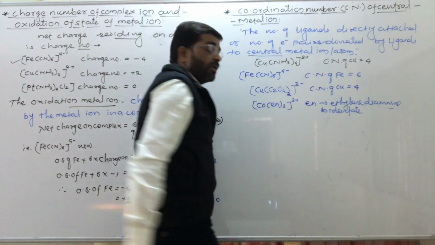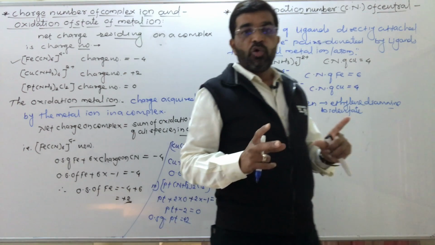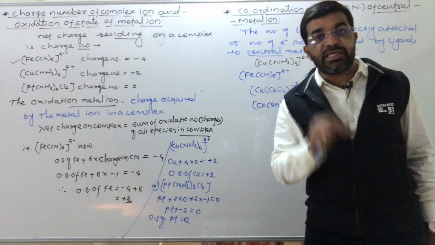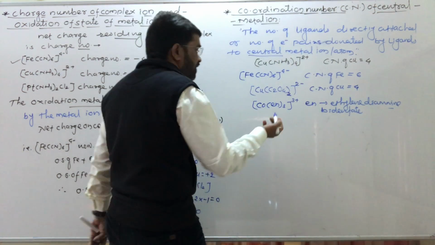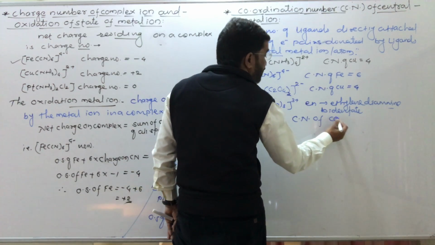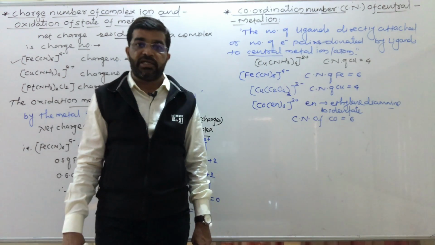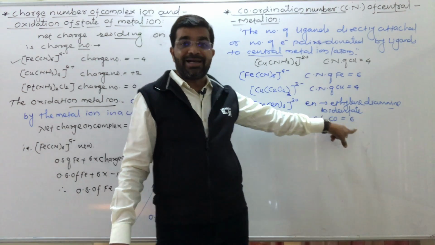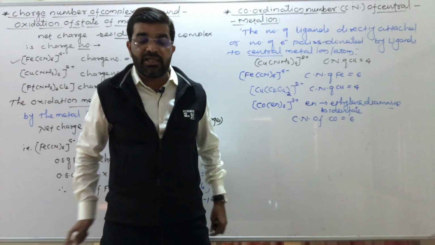Bidentate ligand means one ethylenediamine ligand can donate 2 lone pairs of electrons. Therefore, 3 ethylenediamine ligands will donate how many pairs of electrons? 6, and therefore the coordination number of cobalt in this complex is 6. Don't forget it.